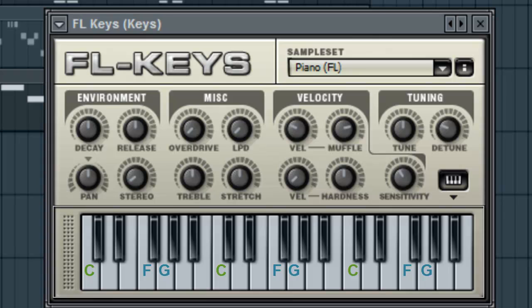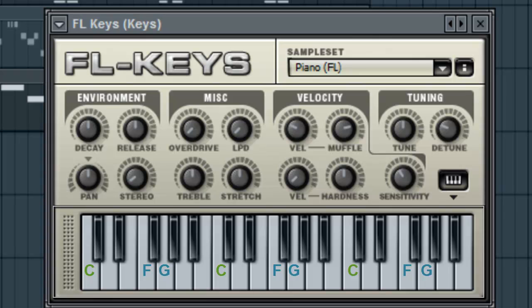Okay, so remember those passing notes are also important, but for a different reason, because they get us to and from our tension notes. And they can also be used to generate some tension, but the tension's not as strong as our two tension notes. Okay, so now let's go ahead and just to demonstrate, I'm going to play again just a C, and then I'm going to add one of these passing notes and come back to the C. I'm not even going to use our tension notes yet.